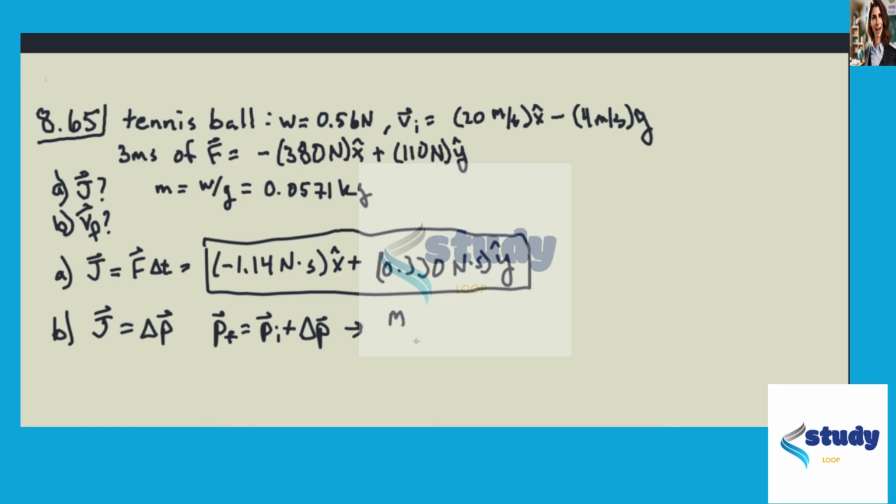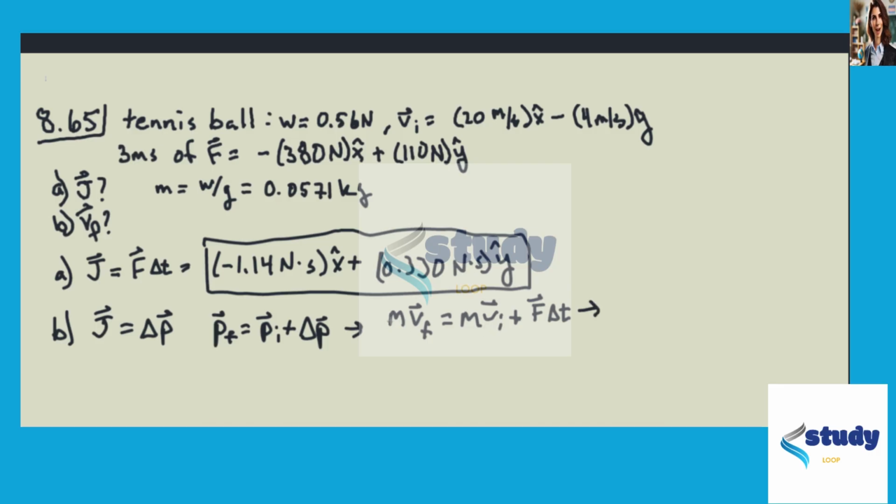So now we have m times v final, the thing we'd like to know, equals m times v initial, which we're given up here, plus our force times the length of time it acts.